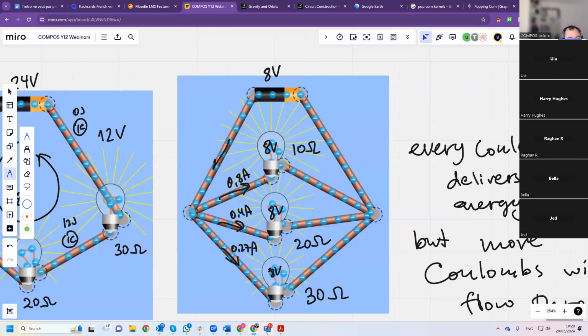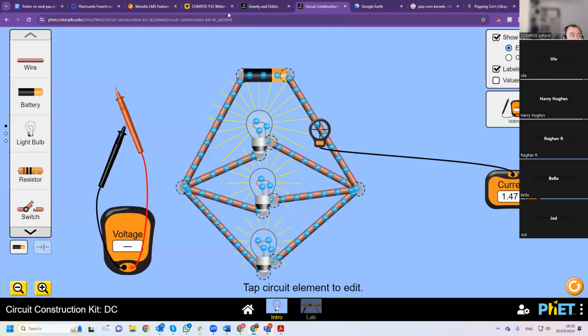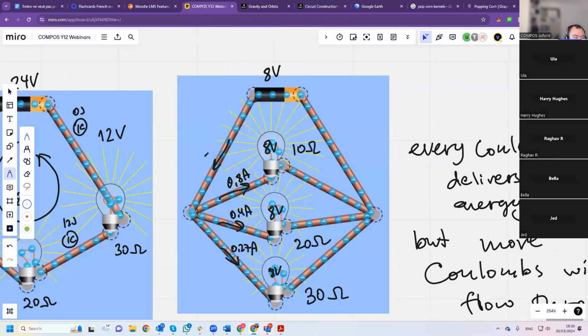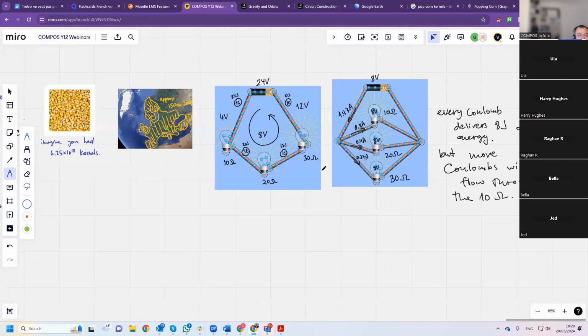And of course here we have 1.47 amps. Okay, I hope that makes sense. Any questions?